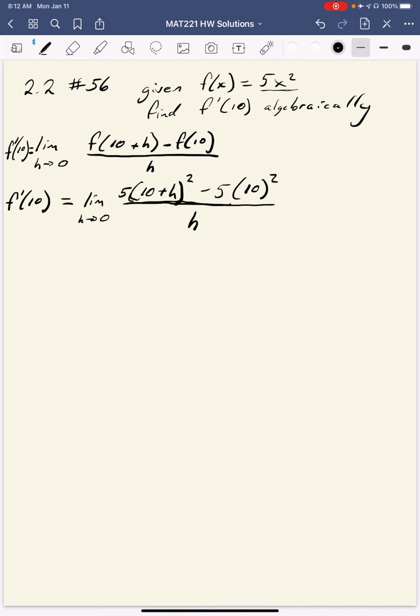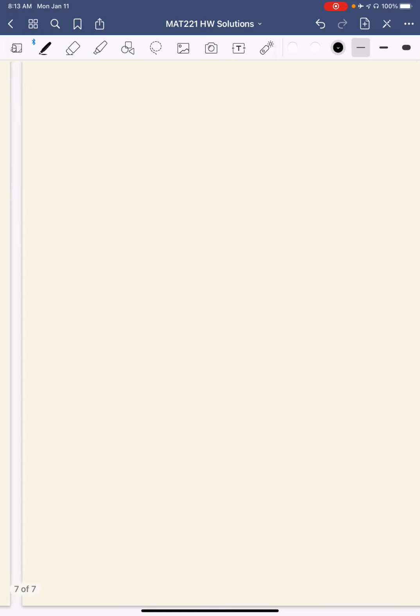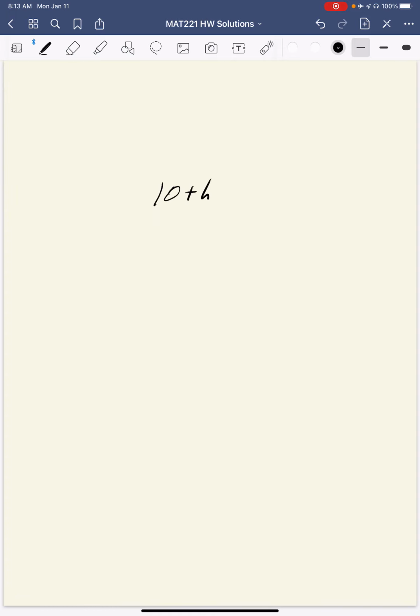Make sure you're using the right notation, by the way, as you go through here. You can't just start dropping off the equal sign, the limit notation. We're still looking for the limit of all of that as h approaches 0. So I need to make sure that I'm being consistent in what I'm doing. Maybe you need to go off to the side to do the 10 plus h squared, but remember 10 plus h squared means 10 plus h times 10 plus h.